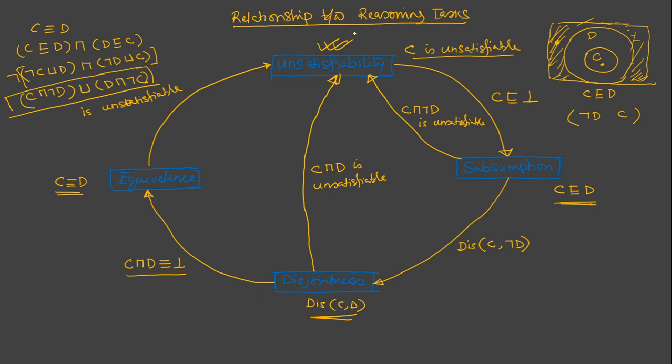So given any reasoning task, first we can translate that into an unsatisfiability task, then try to perform the reasoning. In that case, you just need to develop an inference algorithm for the unsatisfiability problem, and the rest of the things will follow. So the fundamental reasoning task concerning the T box is whether the concept C is satisfiable or unsatisfiable.